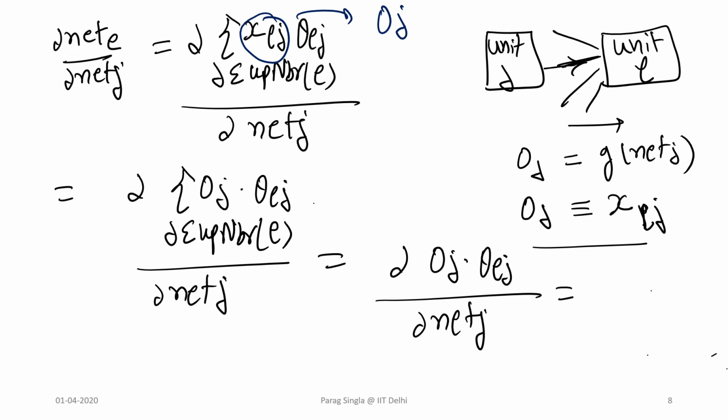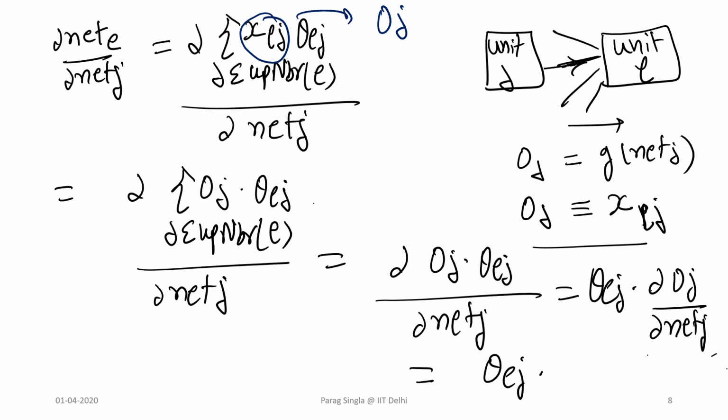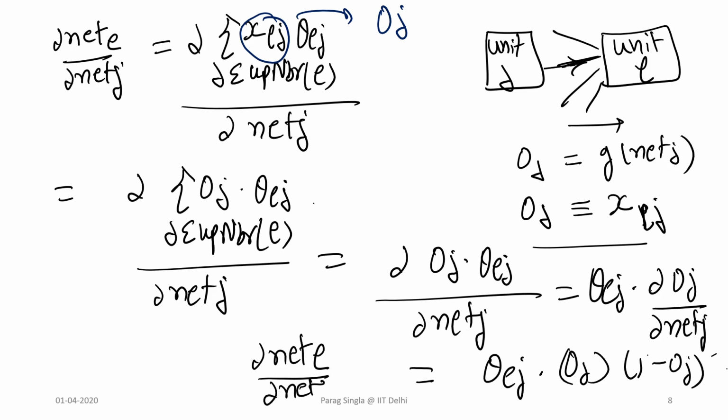Therefore, we can write this as theta LJ into delta OJ over delta net J, which we know is theta LJ into OJ into 1 minus OJ. So this is essentially the derivative of net input into unit L with respect to net input into unit J, and this is something that we'll use in the next slide.